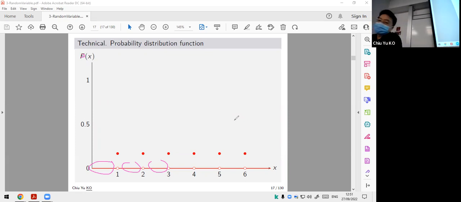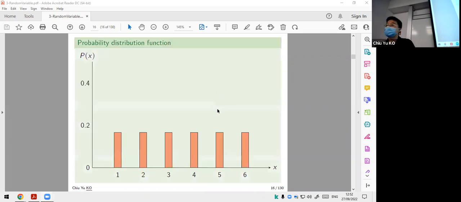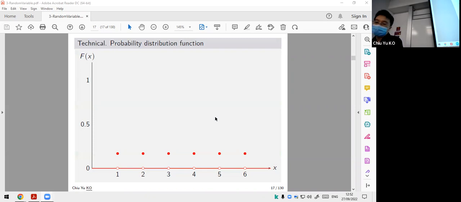That's why I put it as technical. It lets you know that if you see a book like this, that is actually the right way. But when we present to your boss or your customer, I don't think they'll appreciate this very strict format, right? You would rather show it in this way. I think people understand it more easily than this one, okay? But technically, this one is the correct one.